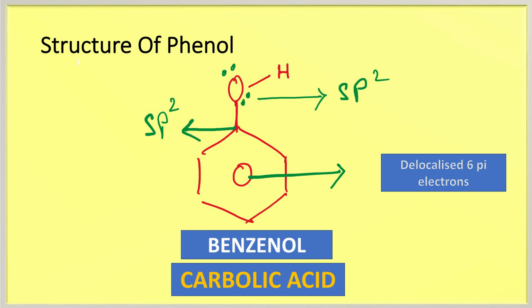See here the oxygen, which is sp2 hybridized, attached to the sp2 hybridized carbon of benzene. In fact, all the carbons of benzene are sp2 hybridized. Its IUPAC name is benzenol, and it is also popularly known by ancient Indian villagers as carbolic acid. So this is the structure of phenol.